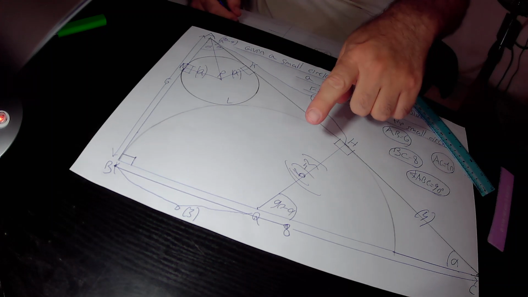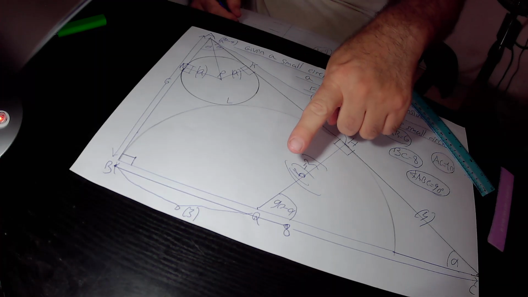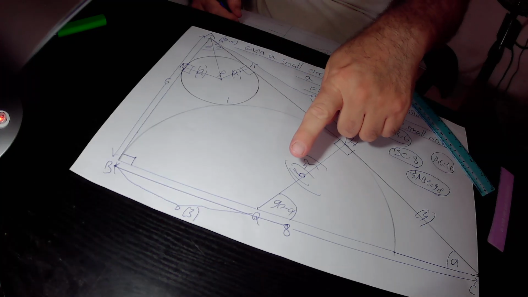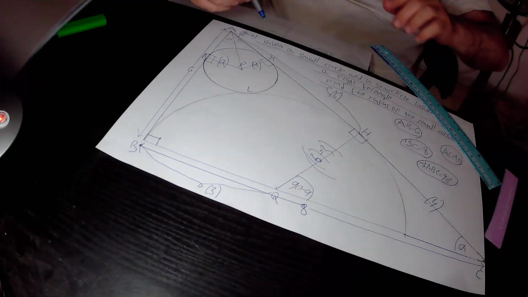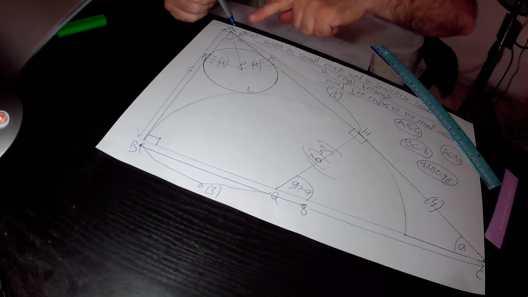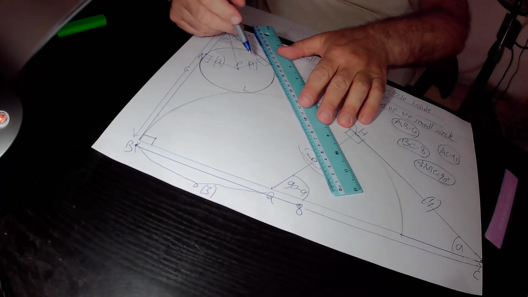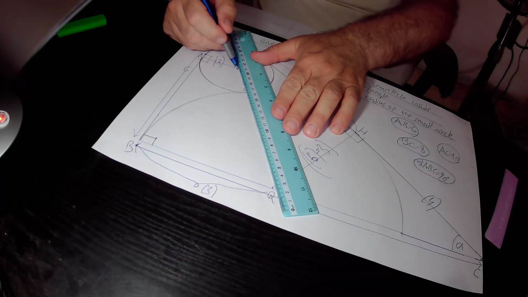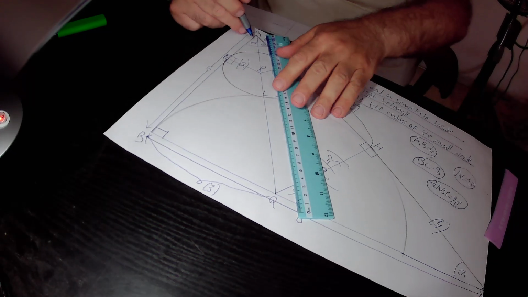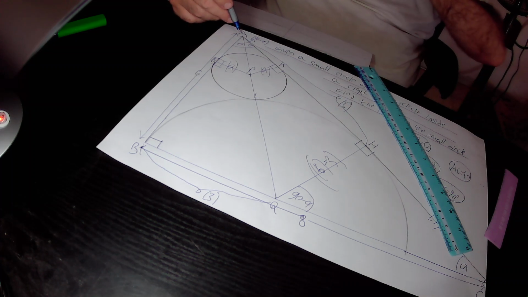So I draw the angle bisector of angle A. It must pass through point Q. It must start, of course, from point A, and it must pass through point Q. It is the same angle bisector of angle A. So in conclusion, we actually found out that the angle bisector of this same angle A must pass also through point Q, that is the center of this big semicircle.